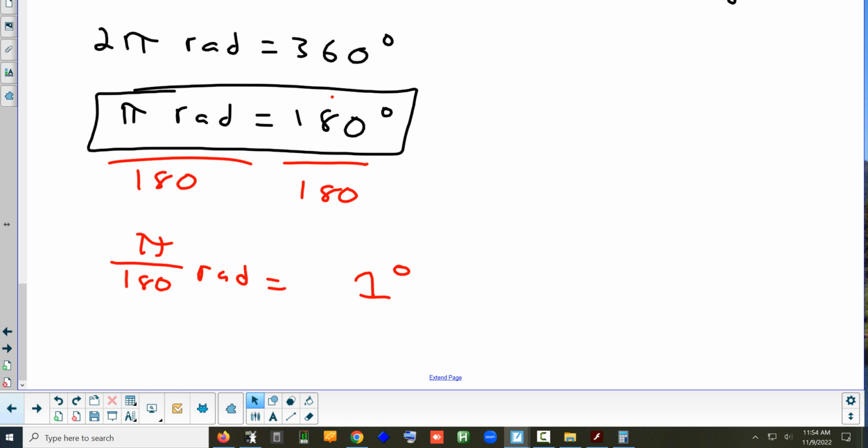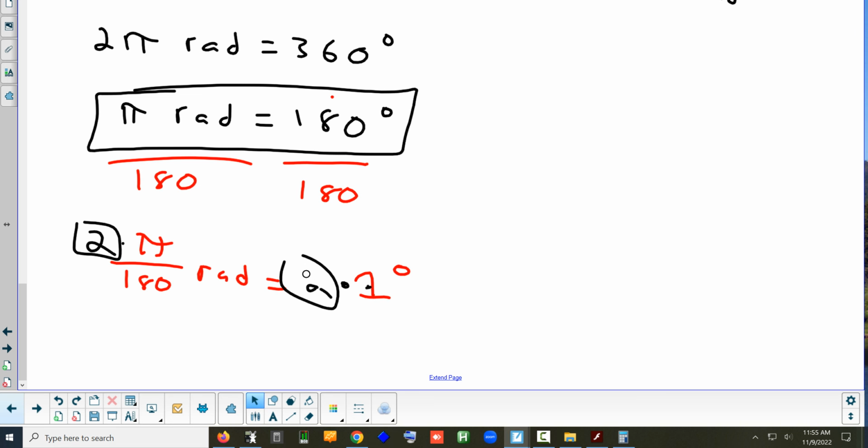What if I wanted to know 2 degrees? What could I do to both sides of this equation that would give me a 2 over here instead of a 1? Multiply by 2. So now we have a formula for 2 degrees.